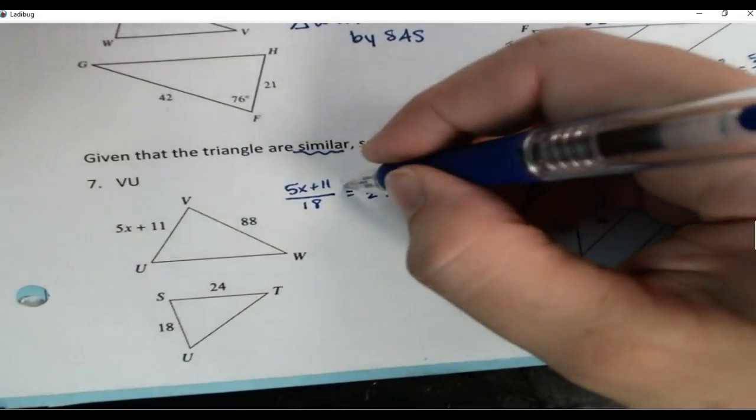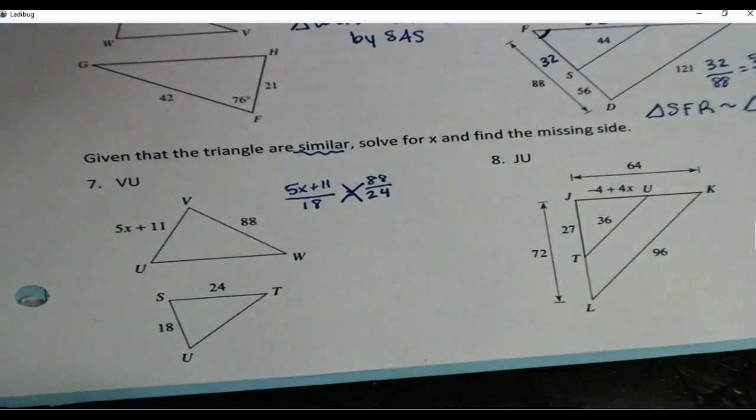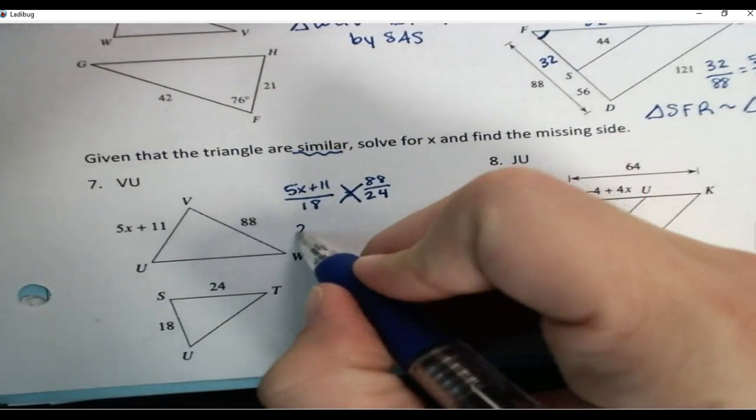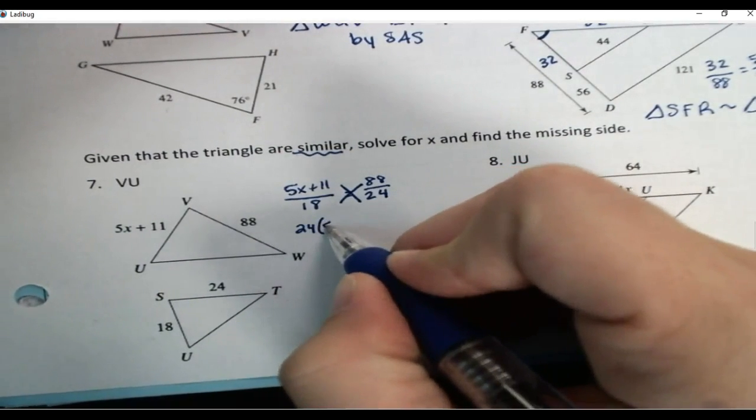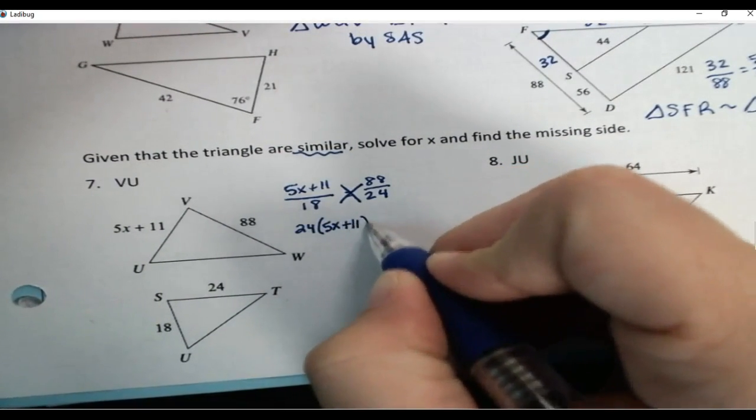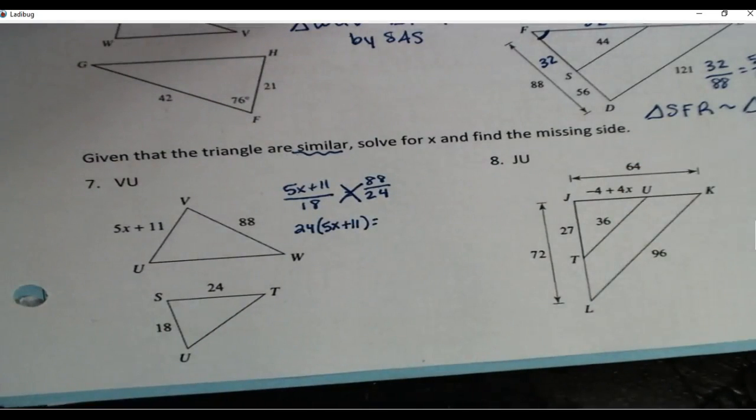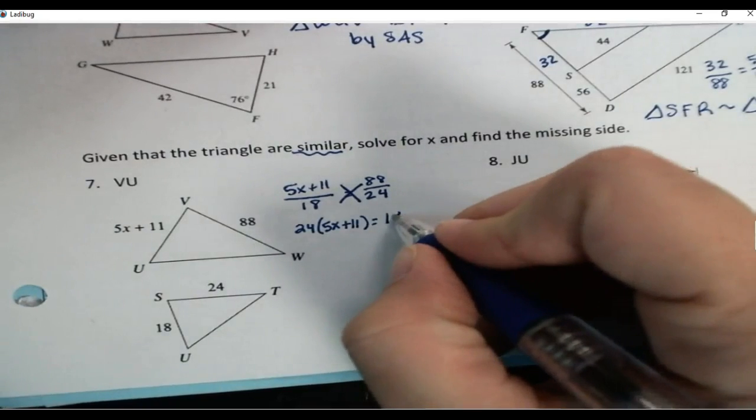And then we can just cross multiply. So 24 times 5x plus 11 equals 88 times 18, which is 1584.